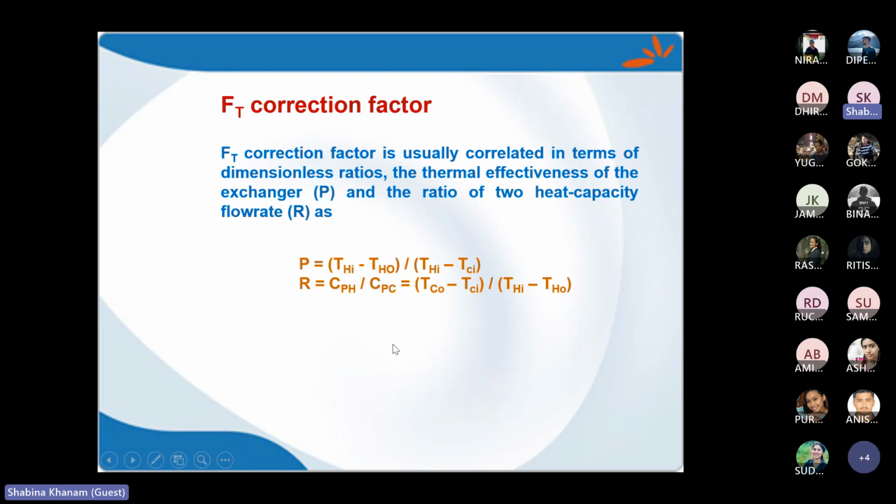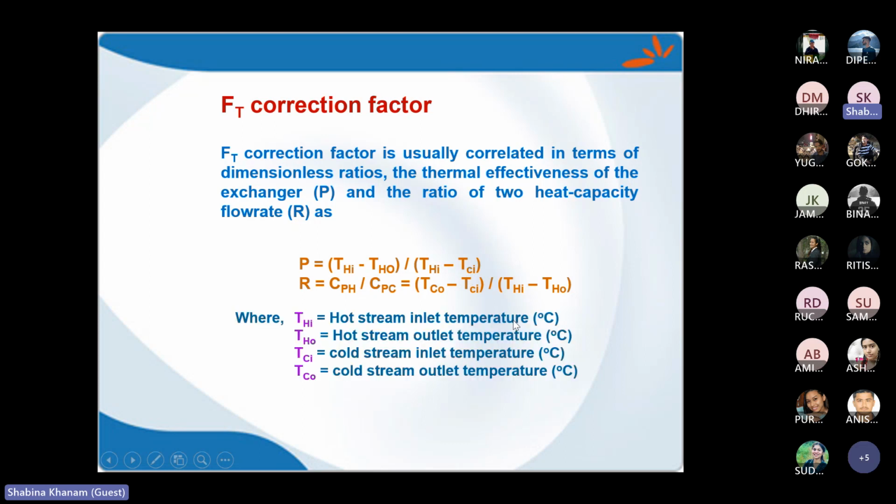How it is defined: THI minus THO, that is the hot fluid inlet and outlet temperature, over THI minus TCI, which is the inlet of hot and inlet of cold. What is the meaning of this?